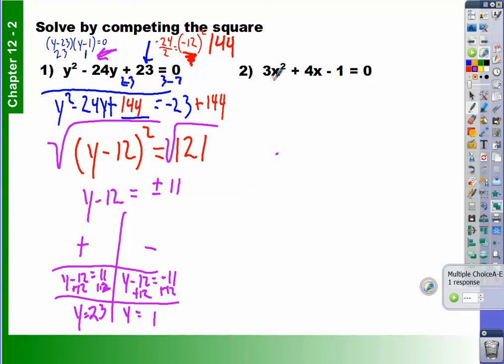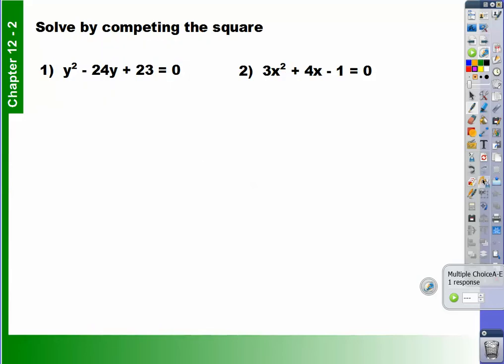So what can I do? What can I do to manipulate this equation so that that x squared does not have the 3 in front of it? We need to get rid of it. What? Divide by 3. So I'm going to divide everything by 3 first. This is all part of trying to get a quadratic term that is a perfect square. Now 3x squared divided by 3 is?